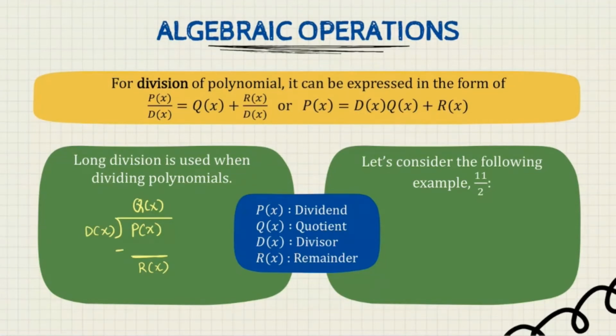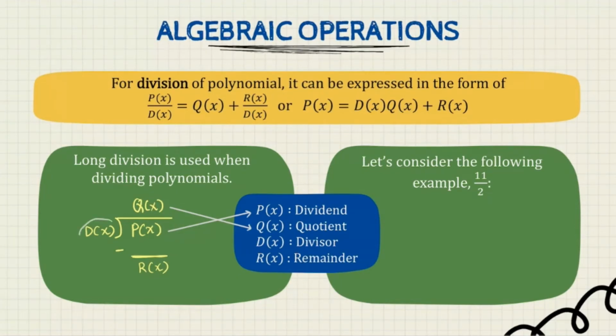Okay, so Px ni merujuk kepada dividend. Dividend kita lah yang kat atas tu. And then quotient. Quotient ni yang apa yang darabkan dengan divisor, dia akan dapat kita punya dividend tersebut. Okay, this one is quotient.